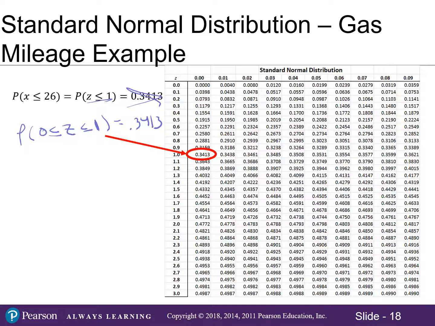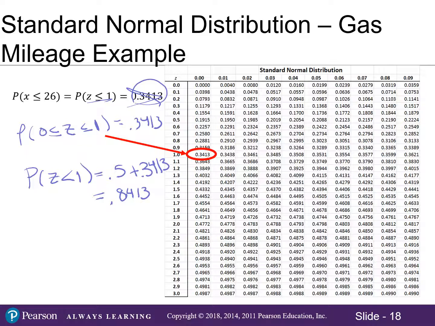So I need to take this 0.34 and add a half to it. Let's fix it. 3, 1, 3. Okay, so that's 0.8413. Nifty? And a lot more accurate.